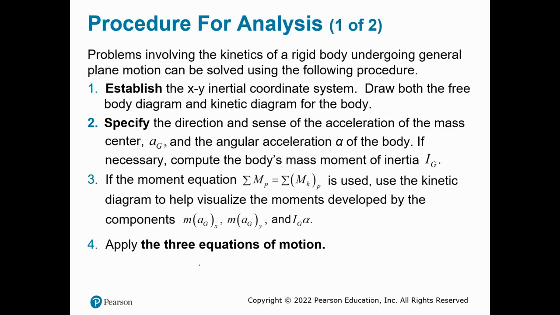Let's take a look at the steps that you follow. In general, we're going to establish the xy coordinates and specify the direction and sense of acceleration of the mass center, e.g. angular acceleration, etc. If necessary, we're going to compute the body mass and the moment of inertia I_G. And if the moment equation sigma M_P equals sigma (M_k)_P is used, then we use the kinetic diagram to help visualize the moments developed by the components m a_Gx, m a_Gy, and I_G alpha. We're going to apply the three equations of motion.